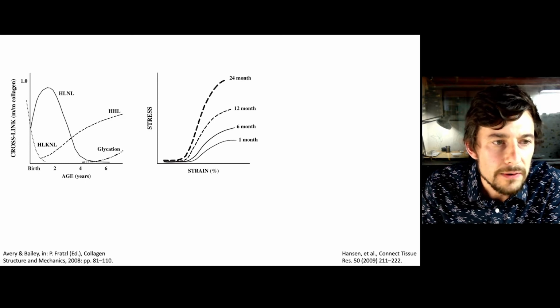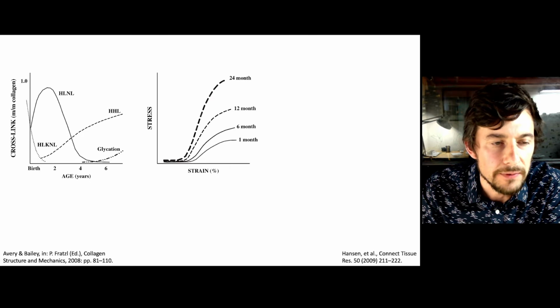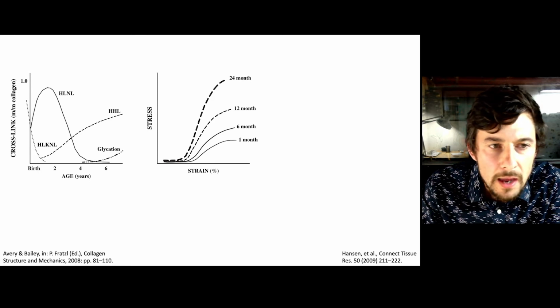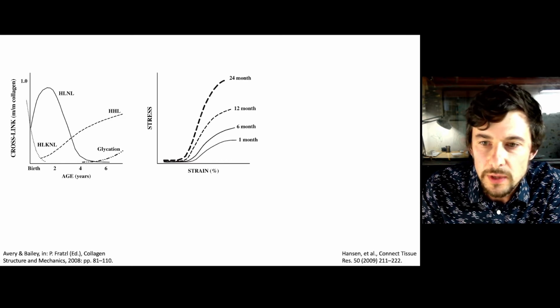And then later, the HLNL decreasing and being replaced by the trivalent crosslink HHL. And then, of course, later after that, the advanced glycation end product crosslinks starting to appear. And then on the right, what you see is change in mechanics with change in tissue age.